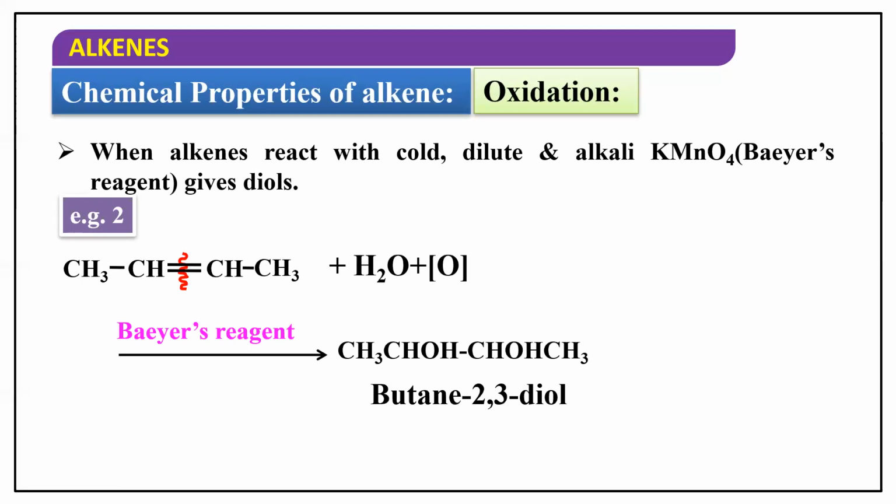So a bond breaks out of the double bond. Whichever is the easier bond to break will break. And which is that? Yes, it's a pi bond. The pi bond will break, and then both the OH groups will get added to the respective carbon atoms, giving us a diol, which is butane-2,3-diol in this case.